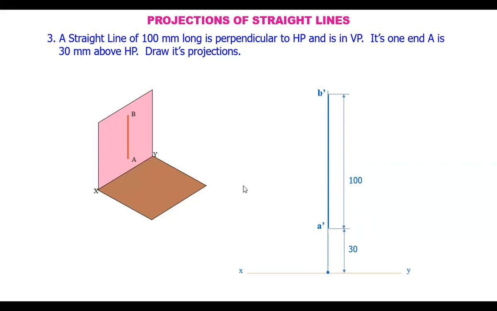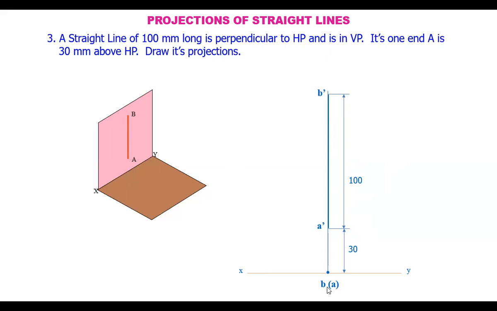Coming to the top view, when you see this line in the top view, the projections of A as well as B will both fall on the reference line. So the top view is on the reference line itself, and this point is the top view of both A and B. If you observe, when you see it from the top, B is nearer to the observer and A is away from the observer, so B is visible.